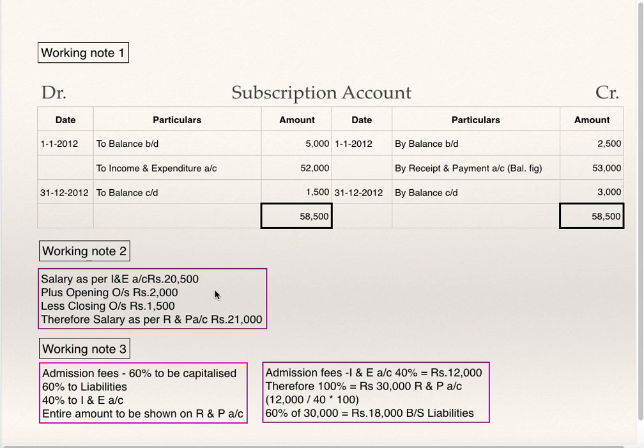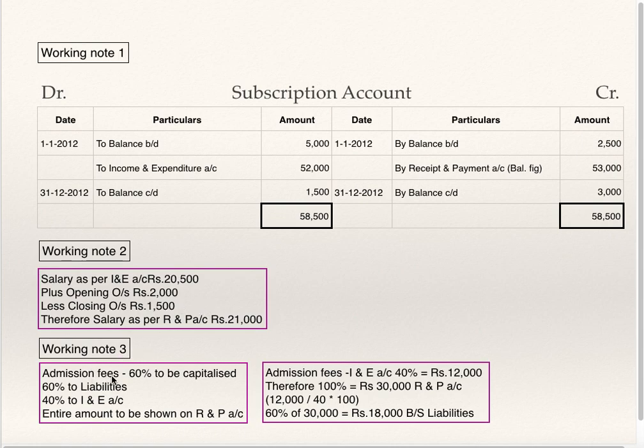For outstanding and prepaid adjustments, while preparing receipt payment account from income expenditure account, you are supposed to deduct closing outstanding and add opening outstanding, and for prepaid exactly opposite treatment is to be done, that is closing prepaid is to be added and opening prepaid is to be deducted when you have figures of income expenditure account and you are preparing receipt payment account.